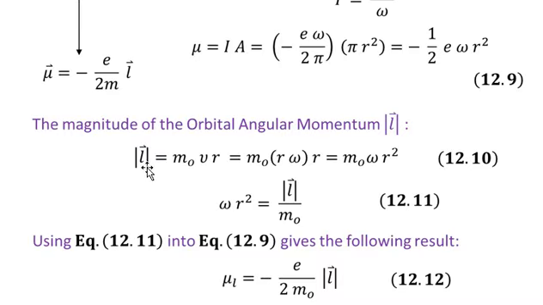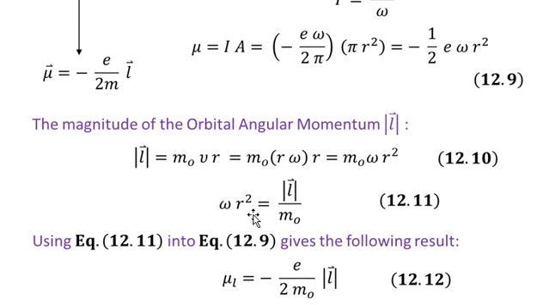But here I am talking about the magnitude, which is m naught times v times r. Substituting v equal to r omega, the final result is m naught omega r squared. From here you can solve for omega r squared, which will be equal to the magnitude of the vector L divided by m naught, as shown in equation number 11.